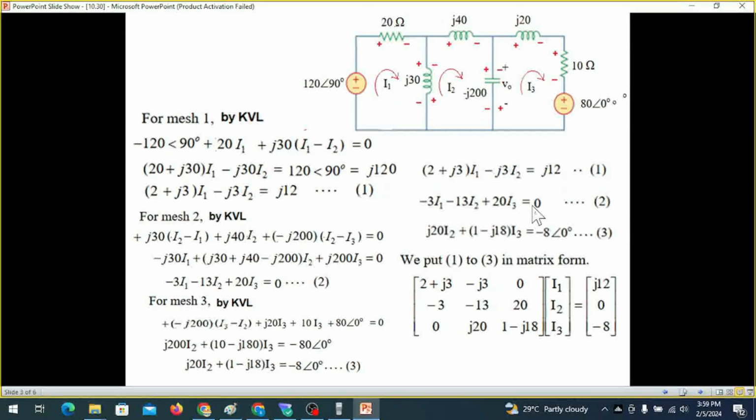Similarly, we write for the other two equations. So this is the determinant part, and then we have I1, I2, I3. And here we have the output, so j12 is 0 and minus 8. There is no point writing 0, so we just write minus 8.